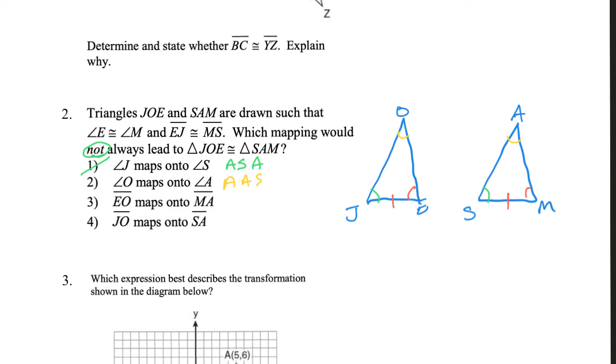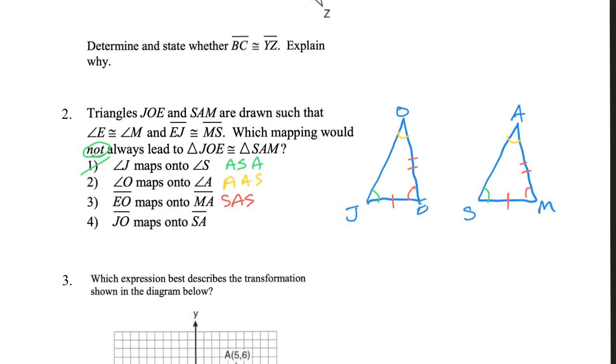I'm going to do this guy in red. So this guy maps onto MA. So to go with our original things, which are also in red, we have side, angle, side. Well, that is another one that is on our list of congruence.